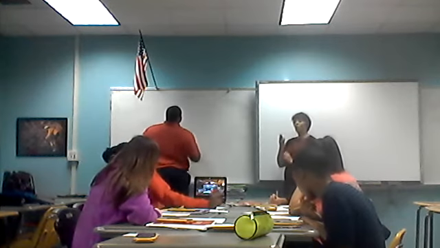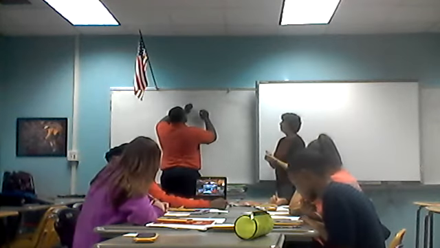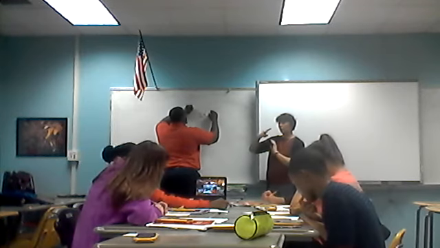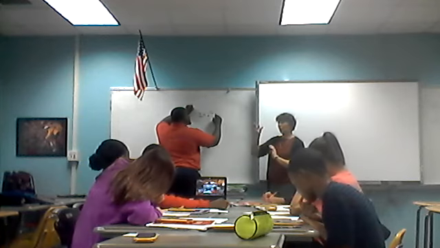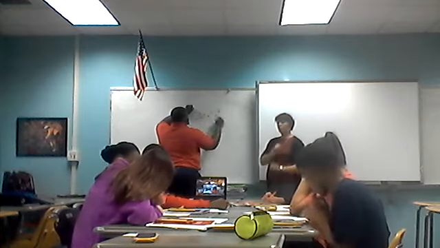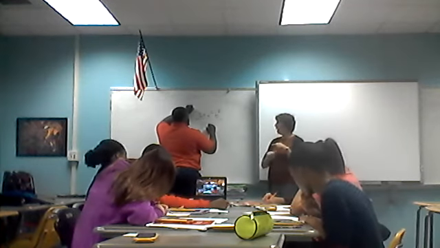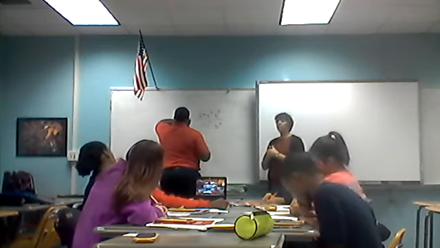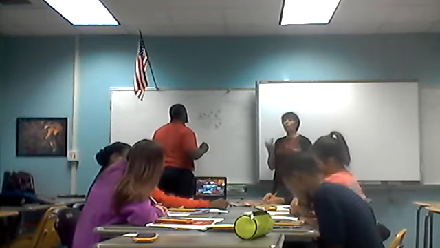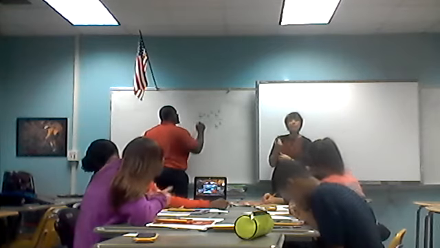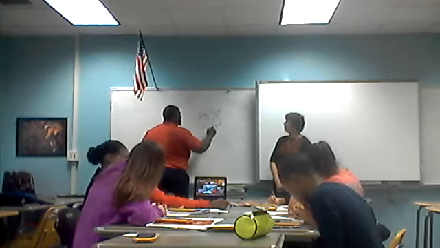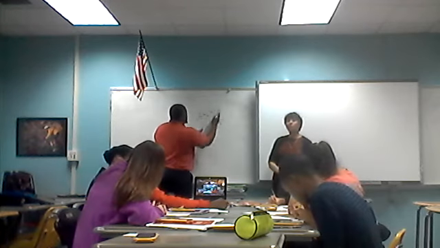Number 14 says 24a to the negative 2nd power and b to the 8, over 10a to the 2nd and b to the negative 3rd. What's the first thing that I recommend you doing? Break it into sections. Alright? This will keep you from getting confused.